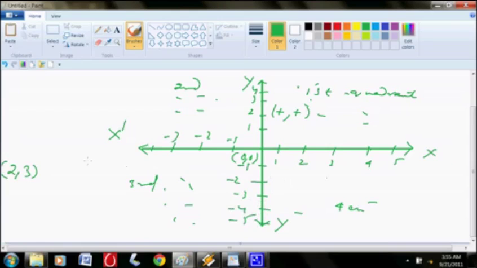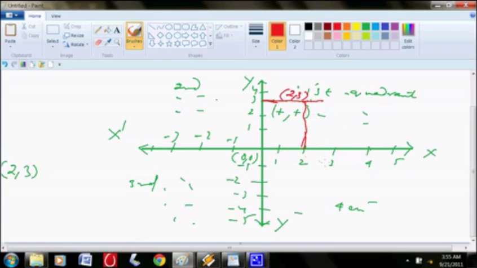So for 2, 3, first I'll take the x coordinate, which is 2. The y coordinate is 3. You can virtually think that you are drawing lines, one parallel to the y-axis and one parallel to the x-axis. So this is the point 2, 3.